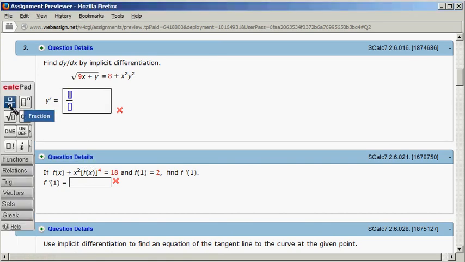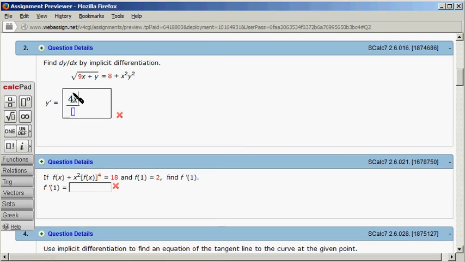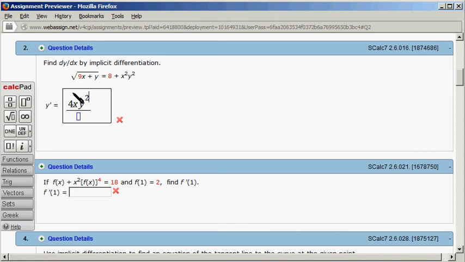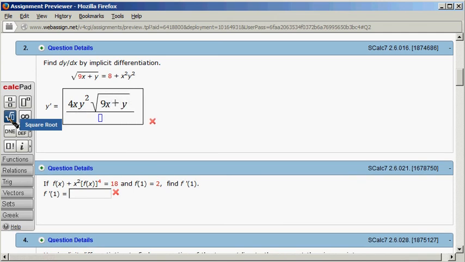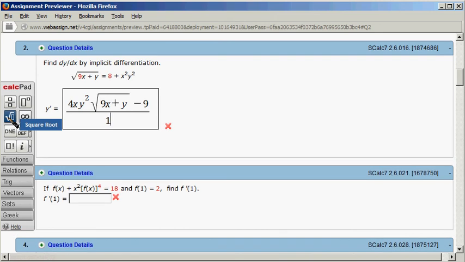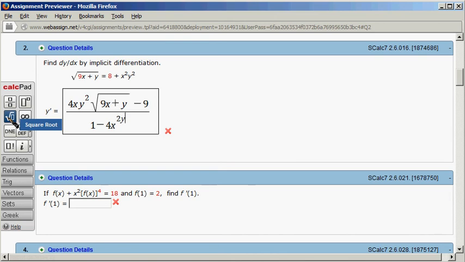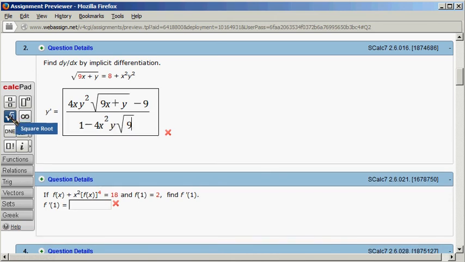Then we have 4xy squared, and then we have a square root of 9x plus y, then go outside and minus 9, and on the bottom we have 1 minus 4x squared y, squared y, and then the square root of 9x plus y.